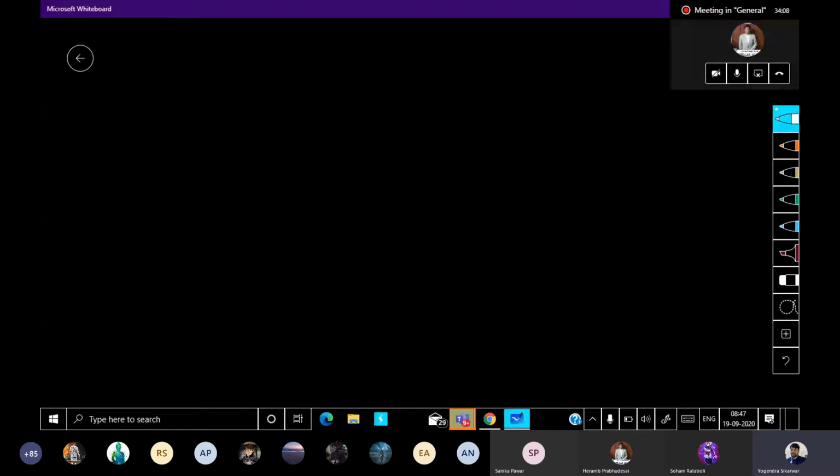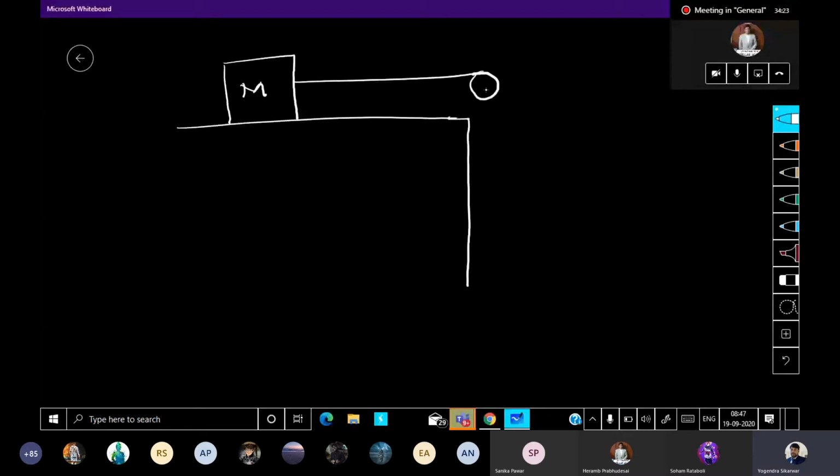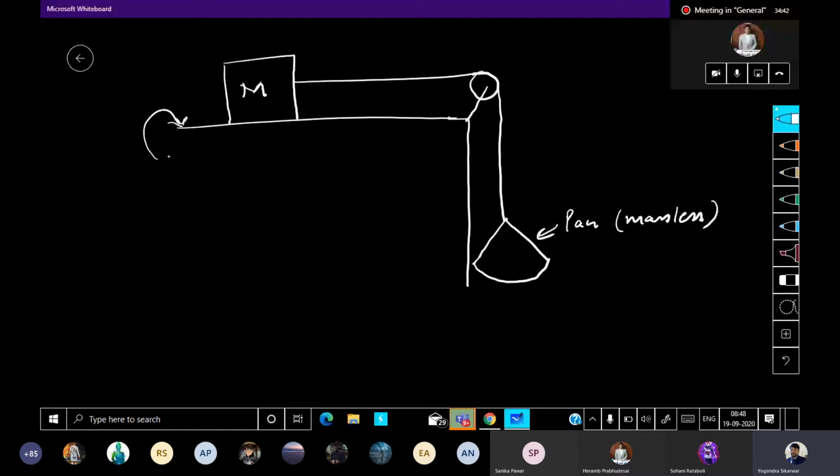And then there is a string which passes over a pulley, and then there is a pan. This pan is massless. Here friction is there, or you can say the surface is rough.